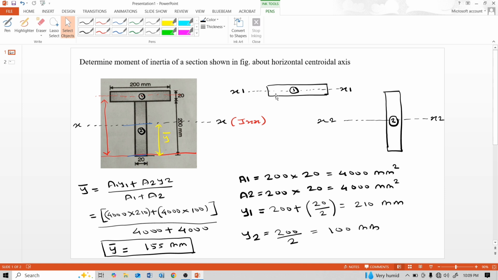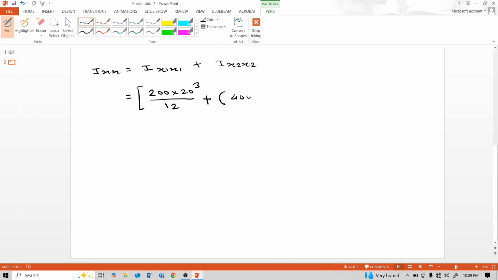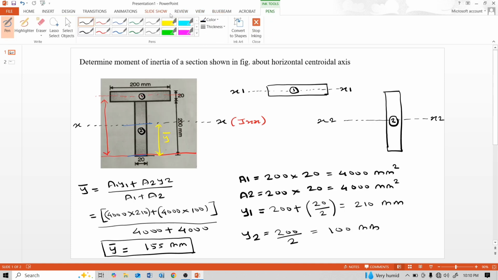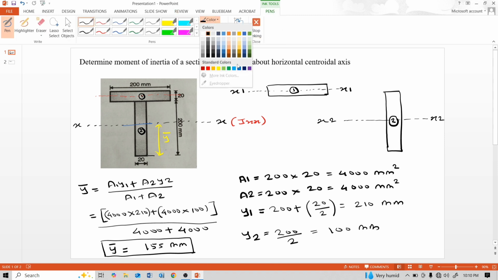plus the area of the first flange part A1, 4000 mm square, multiplied by the distance between the center of the flange and the center of the total T section.